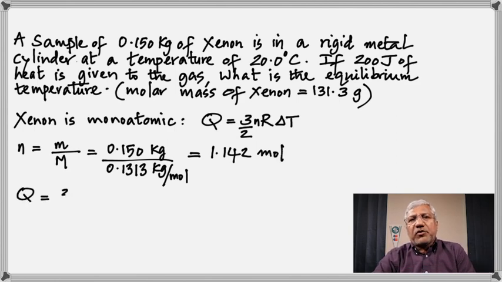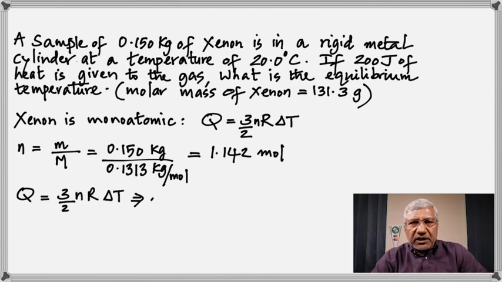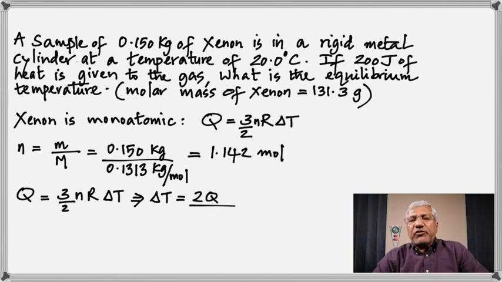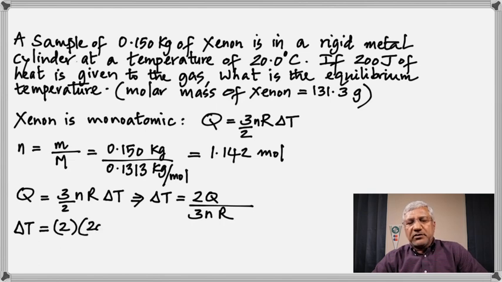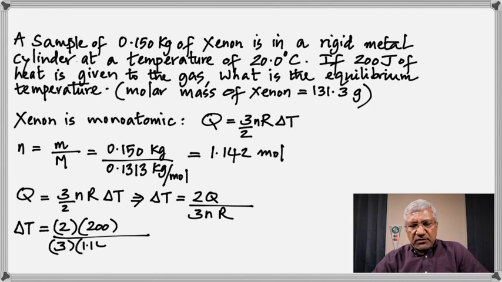Once you get the number of moles, we can substitute that into the formula, because now we know n, we know R, and we know Q. So you can find the change in temperature. Just make delta T the subject, substitute what's given. Q is 200 joules divided by 3 times the number of moles times the universal gas constant.